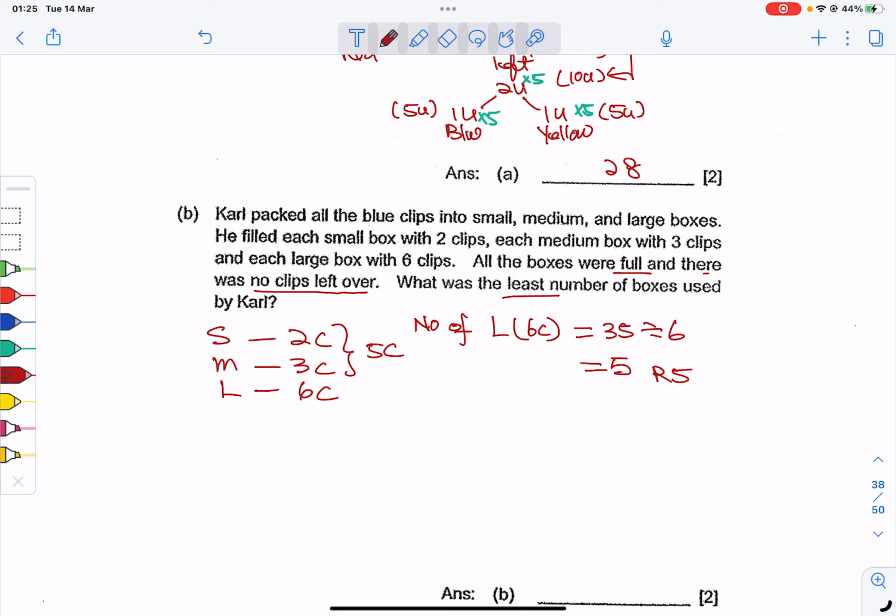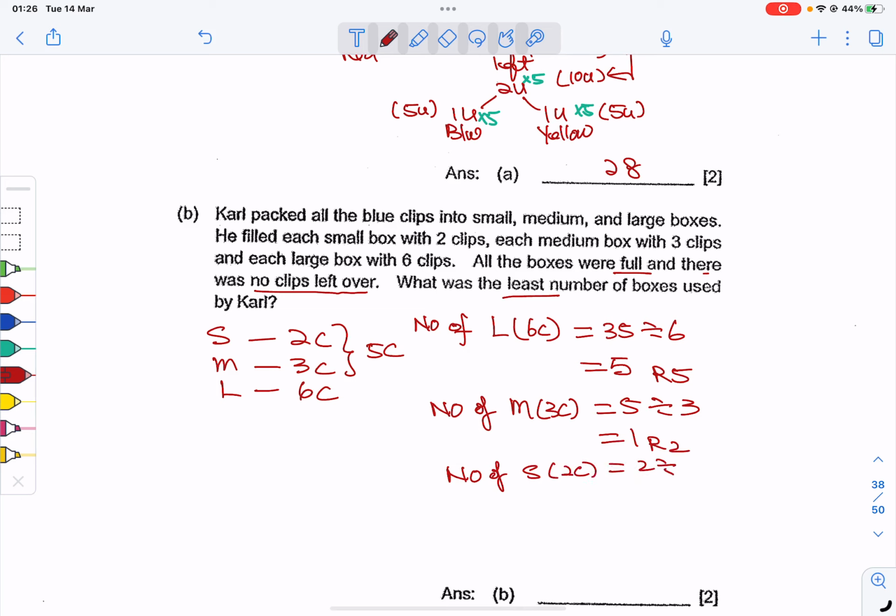So what we can do is we say number of medium, which is 3 clips, 5 divided by 3. Okay, we have 1 box, remainder 2. So number of small is 2 clips. So 2 divided by 2 is 1.